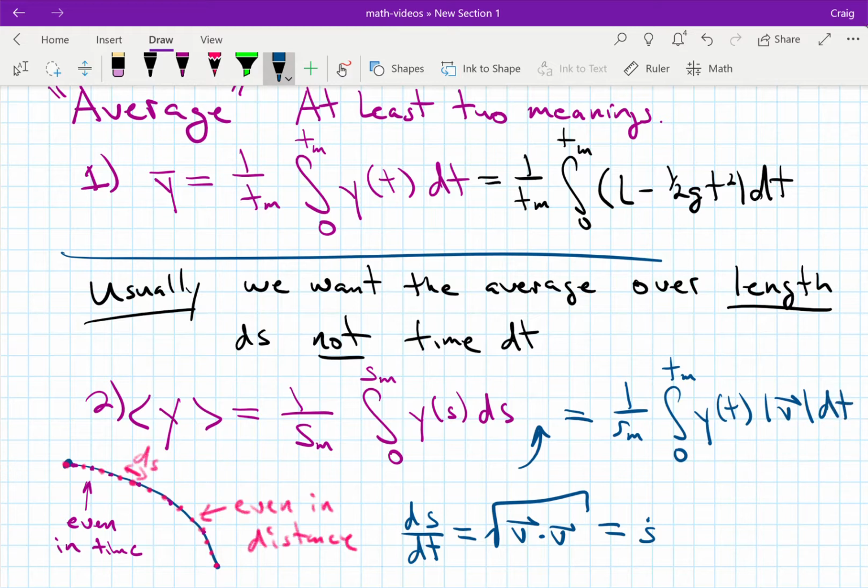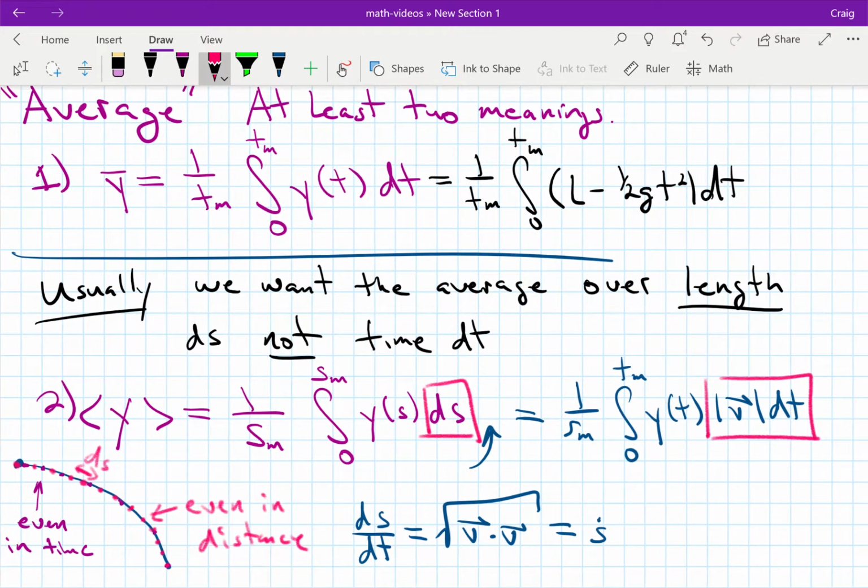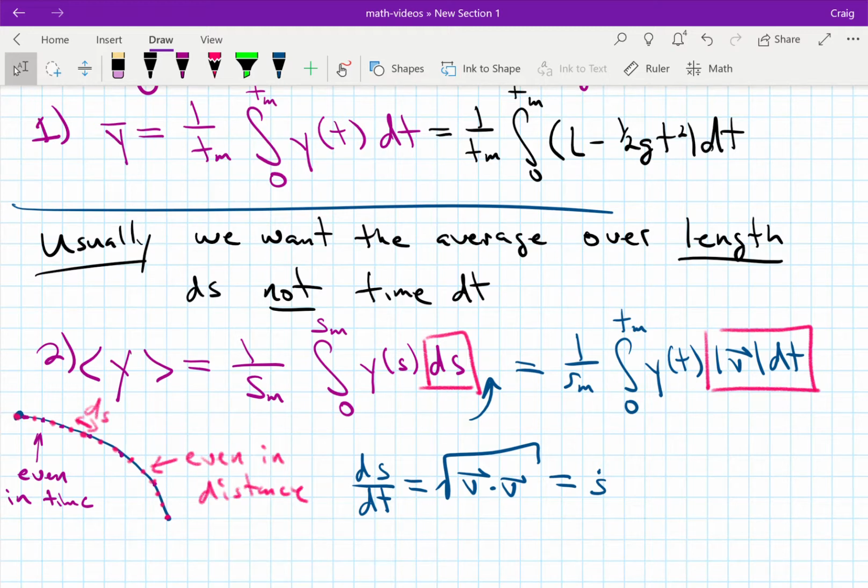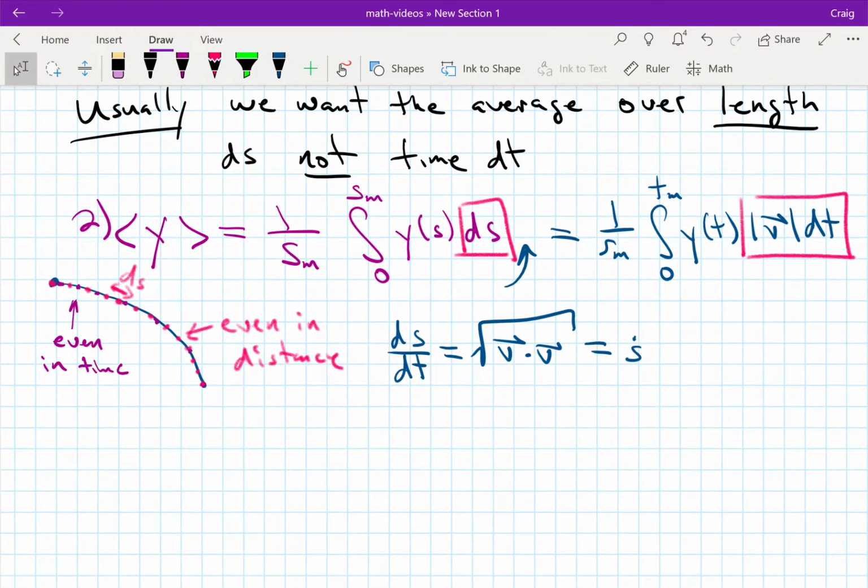Because ds is really, let me use a different color here, ds is really the speed times dt. So I'm just doing a change of variables in the integral, and I'm writing my average of y over the path as an integral over time, but it's still the average of y over the path length.